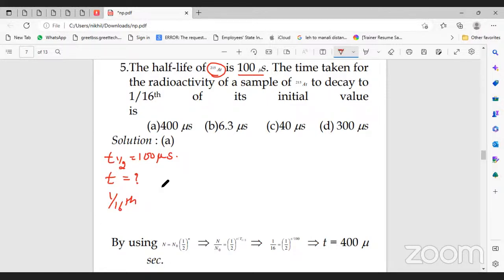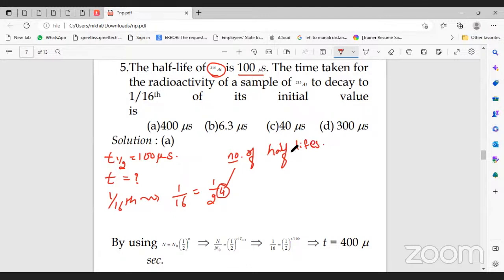1/16 can be taken as (1/2) power 4. What does this 4 indicate, students? The number of half-lives, isn't it? That 4 represents the number of half-lives.